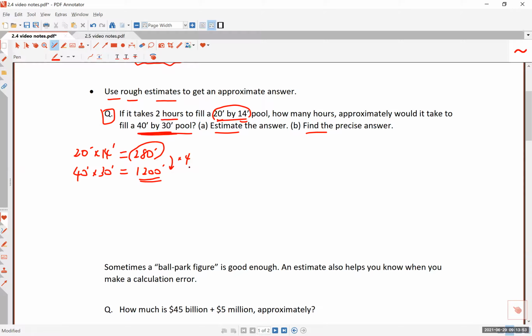So 2 times 4, it's going to take more than 8 hours. That is for sure, probably not much more, because the ratio here is pretty close to 4 to 1. So my guess is maybe 9 hours, between 8 and 9 hours.